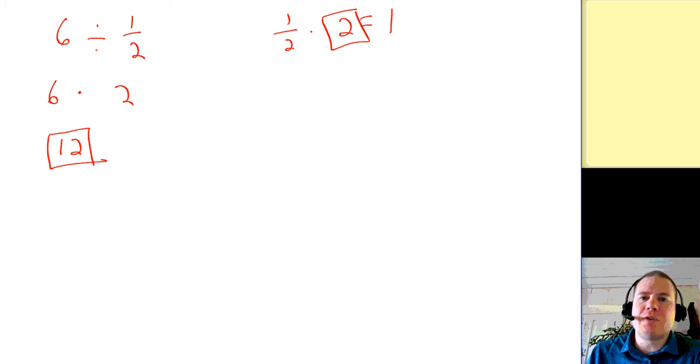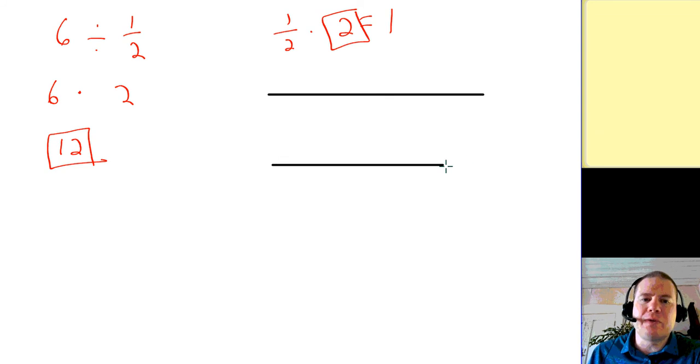Now we can show this visually. We can show on the number line. If I do 6, let's do both of these at the same time. Those look like they're about the same length.